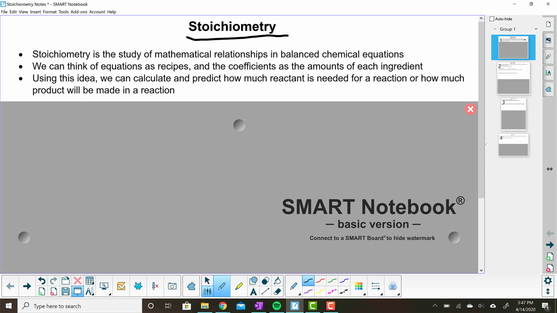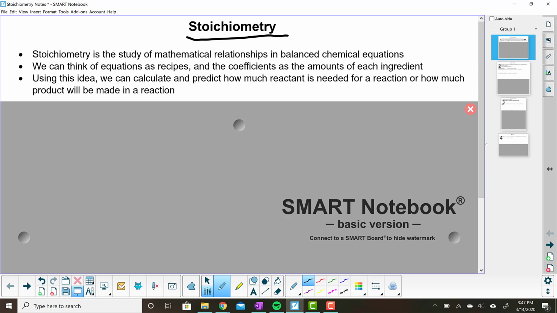So if we use this idea of amounts of ingredients, instead of 2 cups of flour, we need 2 NH3 molecules, we can use that idea to calculate and predict how much of a reactant is needed for a reaction. We can also predict how much product will be made.